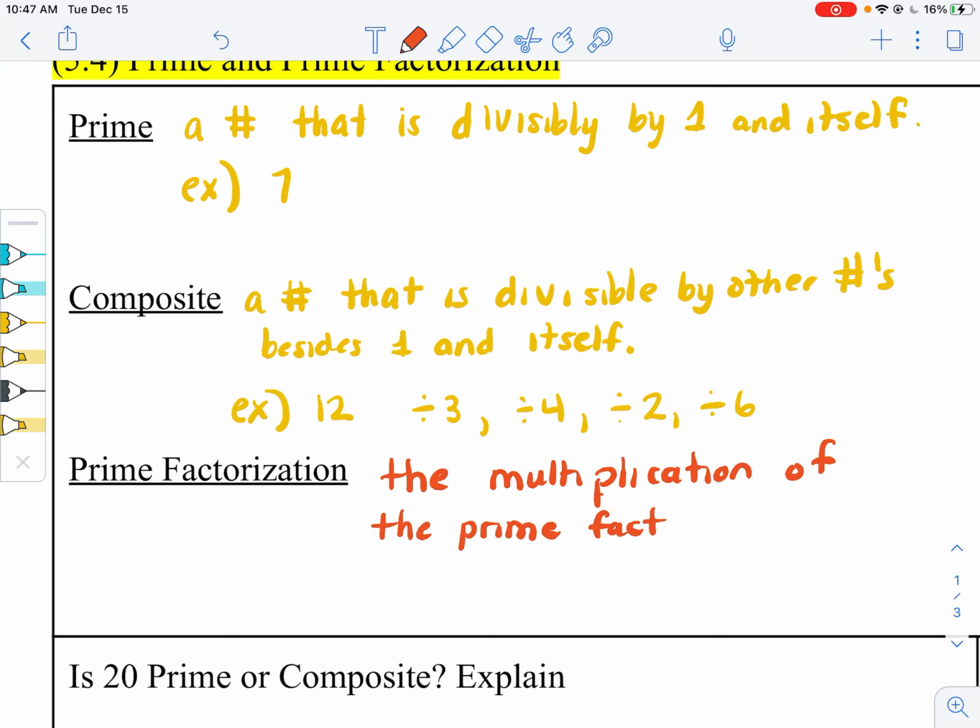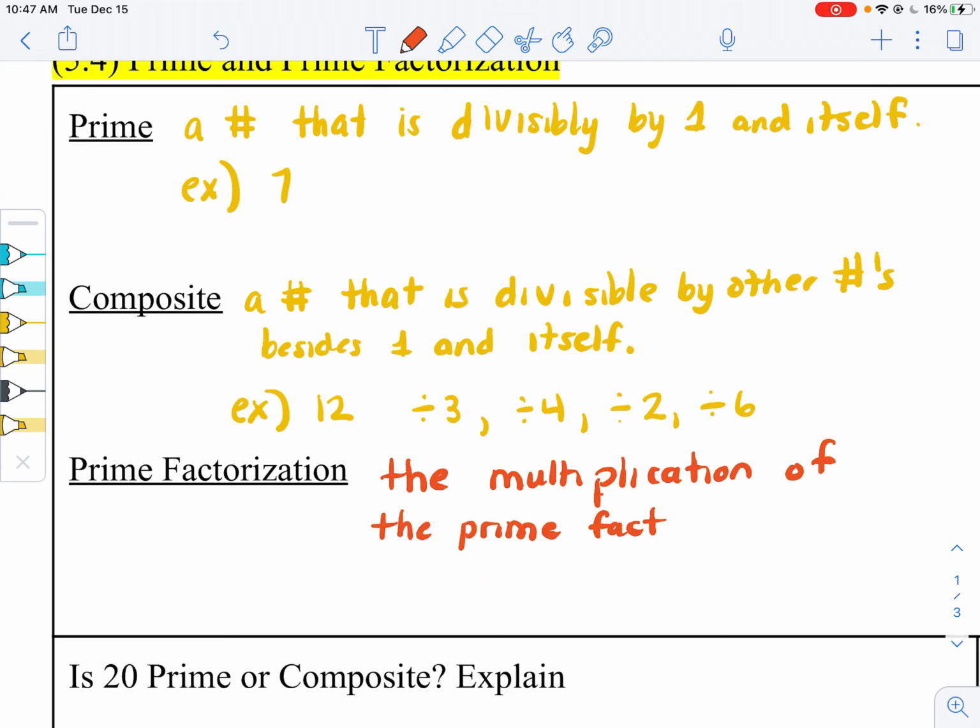A factor times another factor gets us our number. So if we're using 12, our previous example, as an example, it has a factor of 2 and a factor of 6. 2 times 6 can get us to 12. We could also write 3 times 4 gets us to 12. We can also write 1 times 12 gets us to 12, a product of 12. And maybe I should say, instead of number, I should say product. Okay?